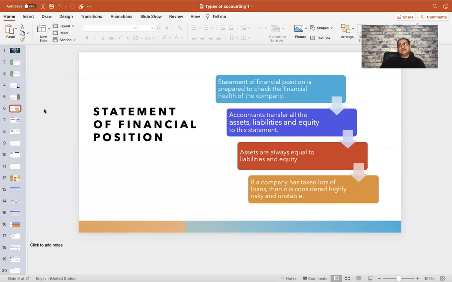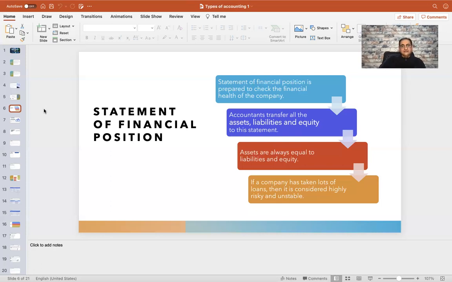Because organizations need to pay back these loans. Furthermore, these organizations need to pay interest on their long-term liabilities. So if an organization has generated funds through liability, then we can say that the company is quite risky and it is not financially stable.